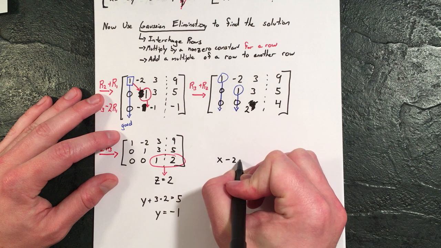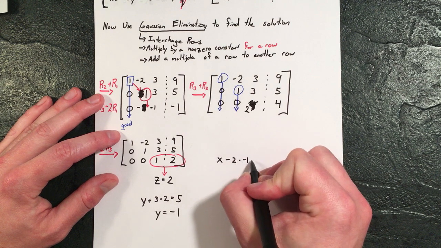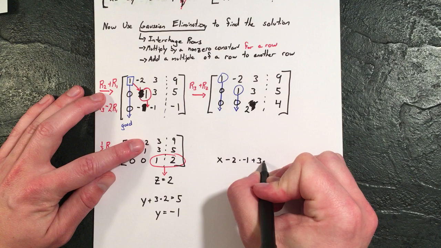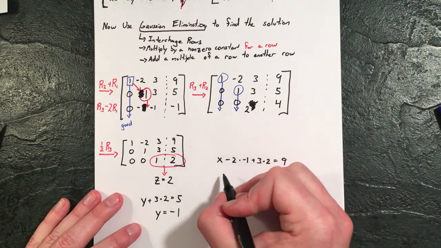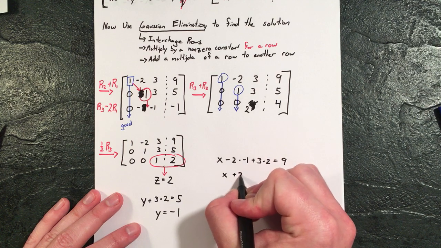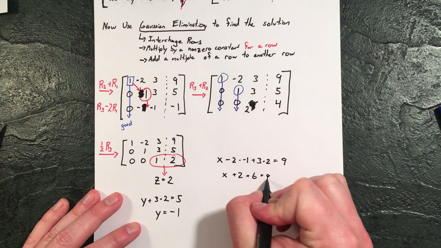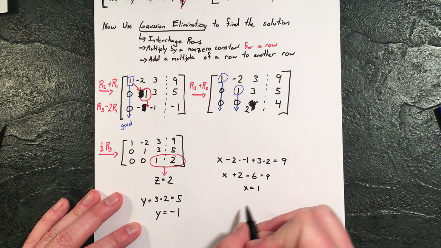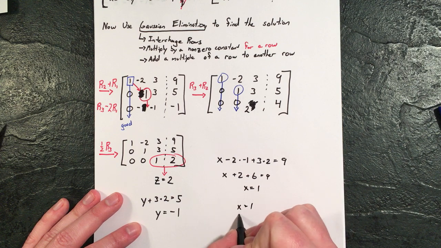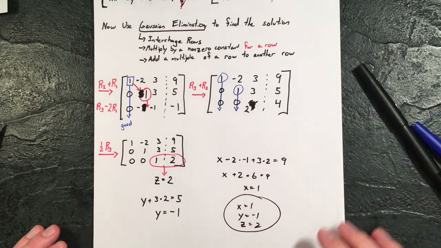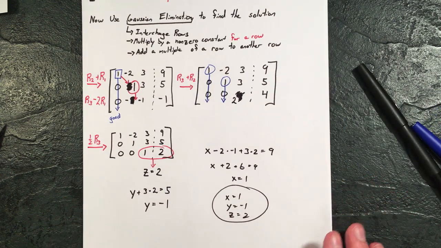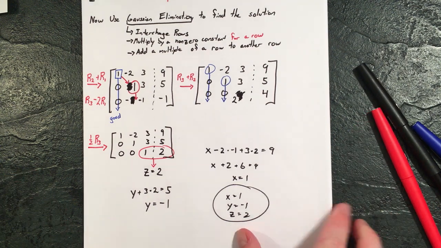X minus 2 times -1 plus 3 times 2 equals 9. X plus 2 plus 6 equals 9. X equals 1. So we have our answer as x equals 1, y equals -1, z equals 2. And this method will prove to be a lot easier and nicer. It's also nicer when I don't make a mistake.